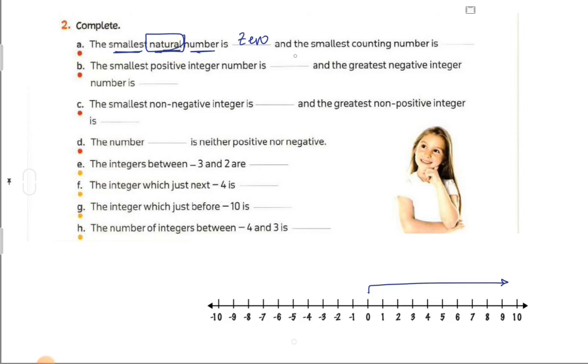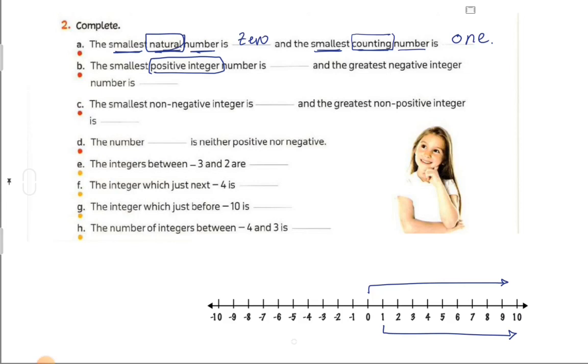And the smallest counting number. Where is the set of counting numbers? Counting numbers start from 1 and go on to the right. So the smallest number here is 1. B, the smallest positive integer.